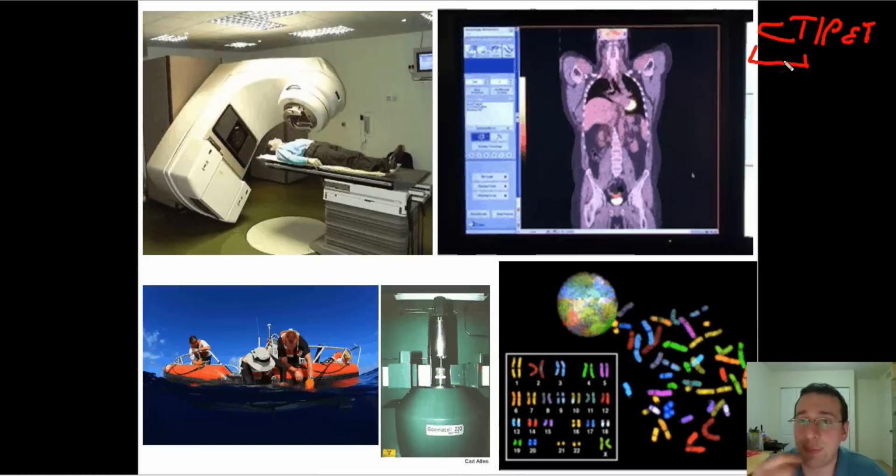So those will be the first cells to absorb the nutrient that's tagged with the radioactive thing. And so you use that to see exactly where in the body the radioactive decay is taking place, and therefore where the tumor is.